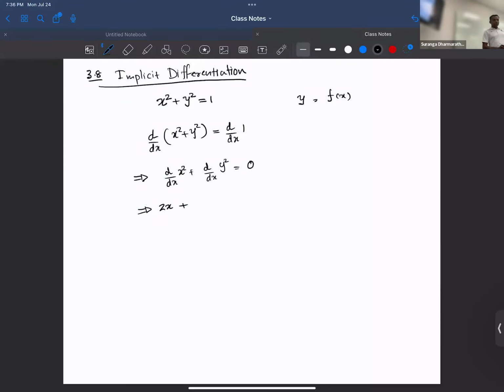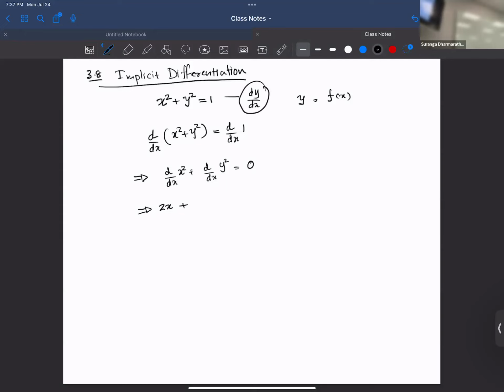Now, what is our aim? Our aim is to find what? dy over dx, right? This is what we are trying to find. So what do we do for the second term? Can anybody guess? Dx over dy.